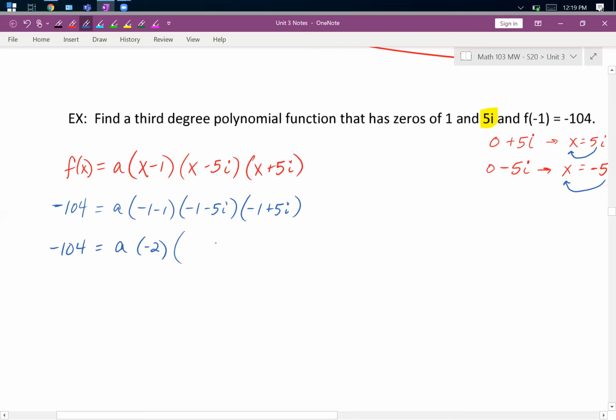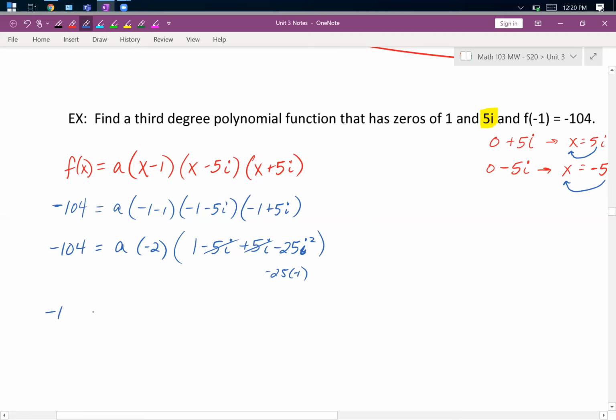So it's going to be 1 minus 5i plus 5i minus 25i squared. Like terms in the middle fall out, and we replace i squared with negative 1.